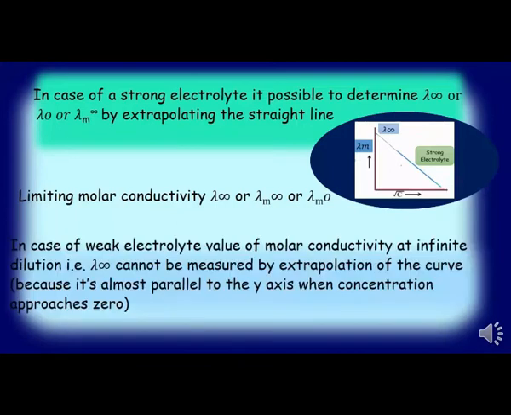Because it is a curve which becomes parallel to the y-axis when the concentration approaches zero. We are again and again emphasizing this point because this is one of the most important points of this topic.